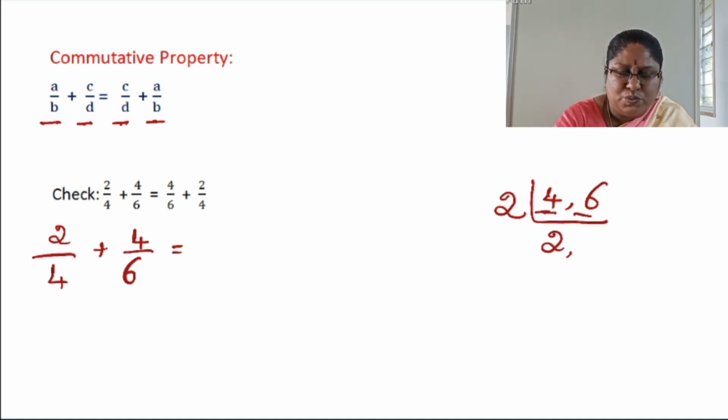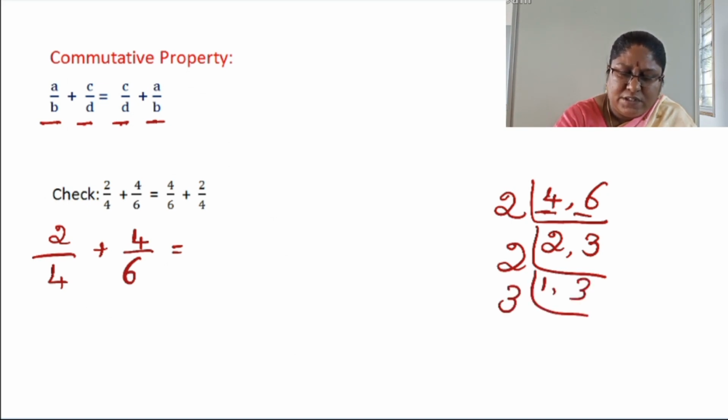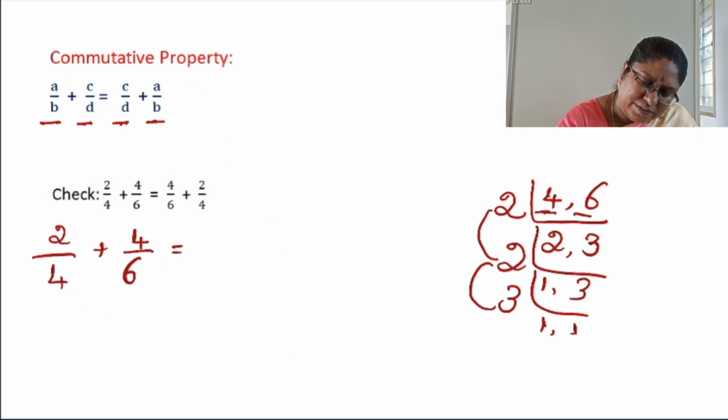Yes, 2. Next, 2 3s are 6. Next, 2 table 1 time 3. Again 3, 1 time. So multiply it: 2 2s are 4, 4 3s are 12. So the LCM is 12.